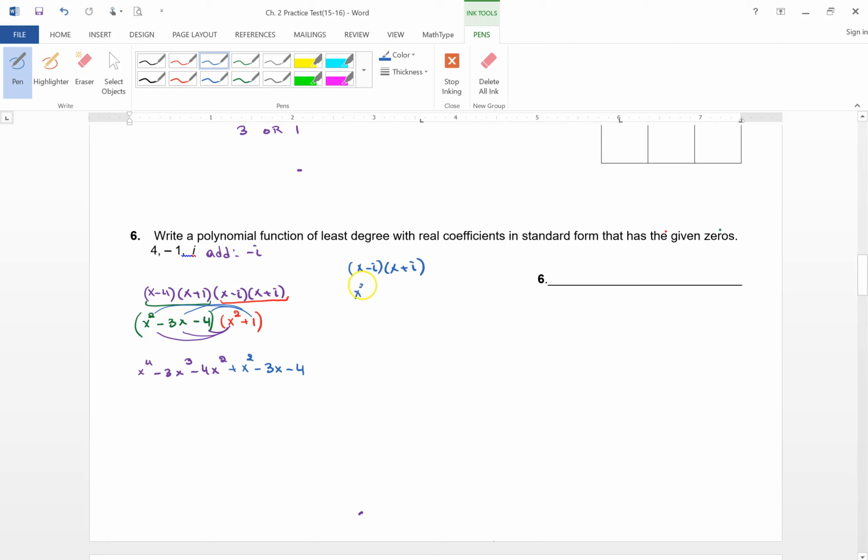This is going to be x squared minus i squared. So it's x squared minus negative 1, x squared plus 1. Okay, so here when we simplify, x to the 4 minus 3x cubed minus 3x squared minus 3x minus 4.